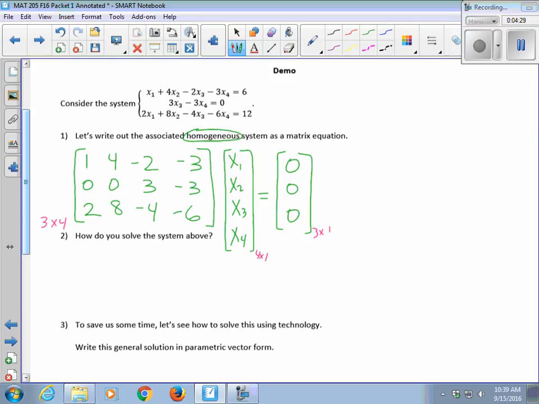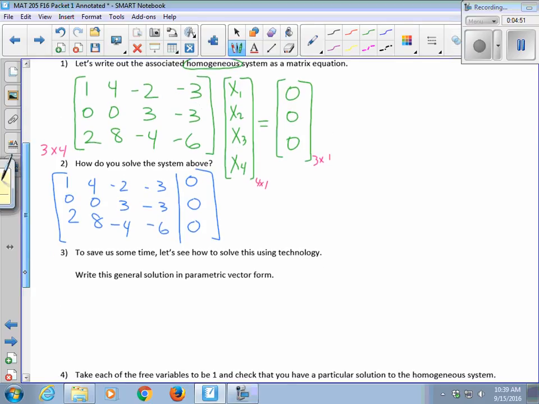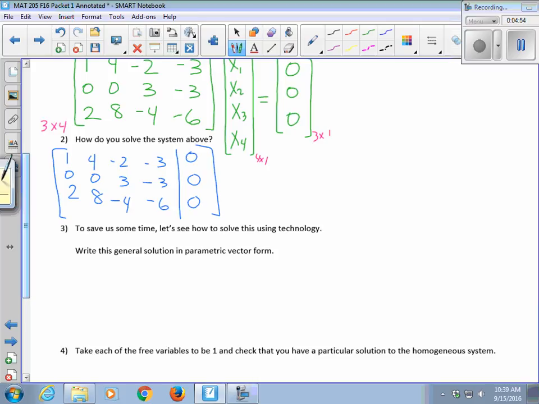That's pretty much how we solve everything. So we're going to do the augmented matrix, 1, 0, 2, 4, 0, 8, -2, 3, -4, -3, -3, -6, augmented with the 0, 0, 0, and row reduce. I've made you do a bunch of problems where you have to row reduce by hand. I'm going to trust that you all know how to do it by now, and I'm going to show you how to do it using technology.